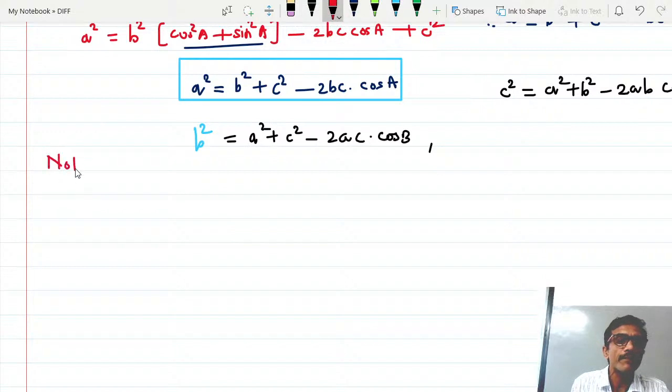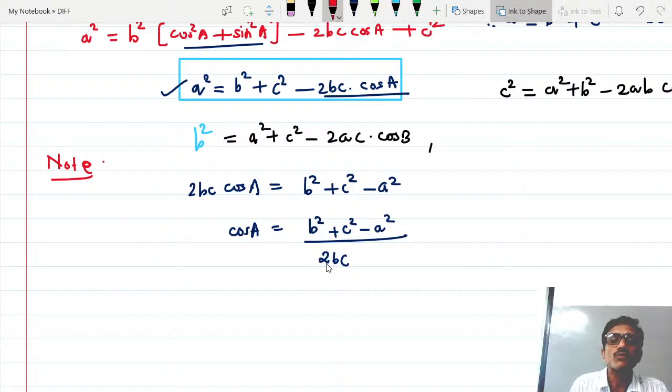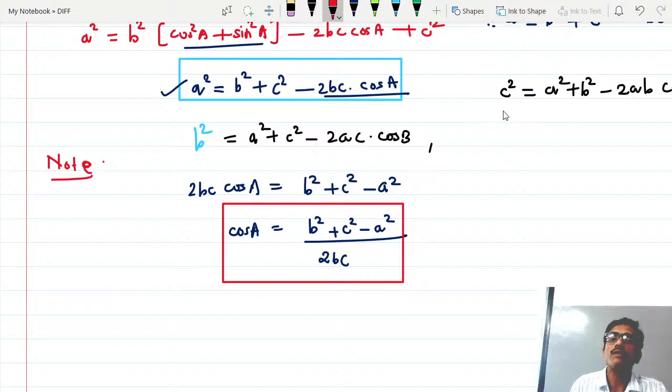We take 2bc cos A to the left hand side, so 2bc cos A will be equal to b square plus c square minus a square, and finally cos A will be equal to b square plus c square minus a square upon 2bc. You can remember it this way also. You can remember the cosine rule in this way too. You have to remember both forms, because in some problems you have to use this form, in some problems you have to use that form.